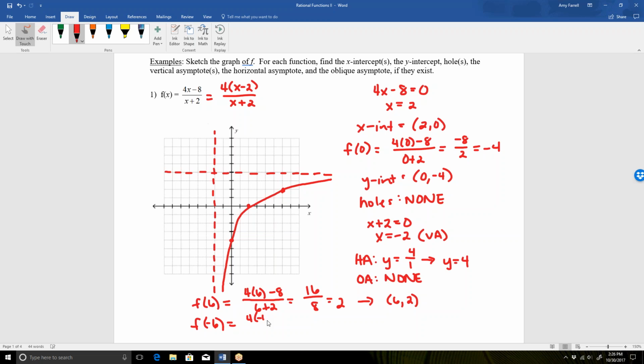So I've got 4 times negative 6 minus 8 over negative 6 plus 2. So that would be negative 24 minus 8, which would be negative 32. And then negative 32 over negative 4 would be 8. So that tells me that the point (-6, 8) is on the graph of this function. So 1, 2, 3, 4, 5, 6. 1, 2, 3, 4, 5, 6, 7, 8. So there's a point up here.